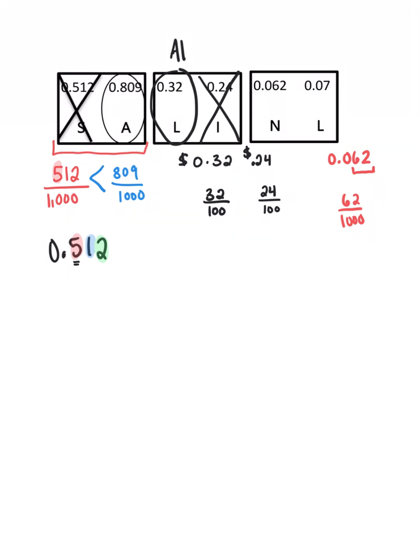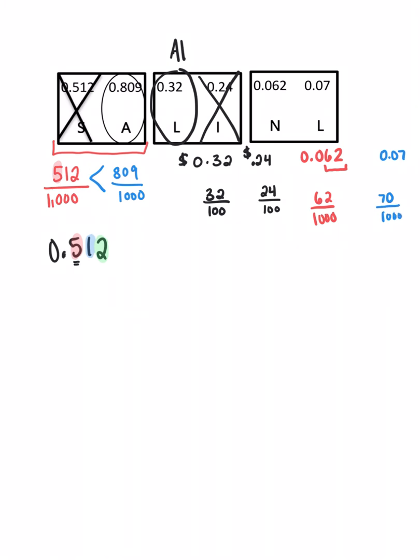And then next to it we have 7 hundredths. Which I can write, let's see, 7 hundredths would be 70 out of 1,000.